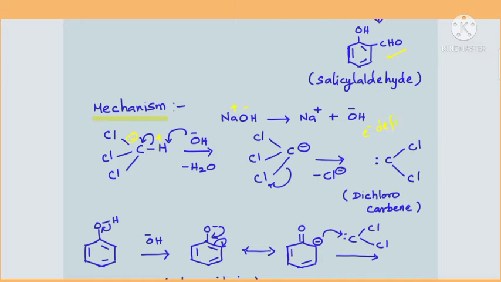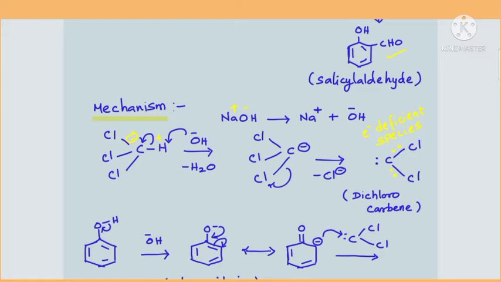The dichlorocarbene is an electron deficient species, which is nothing but an electrophile, because when you look at this carbon, around the carbon there are only 6 electrons. This carbon atom is lacking 2 electrons for getting octet configuration.